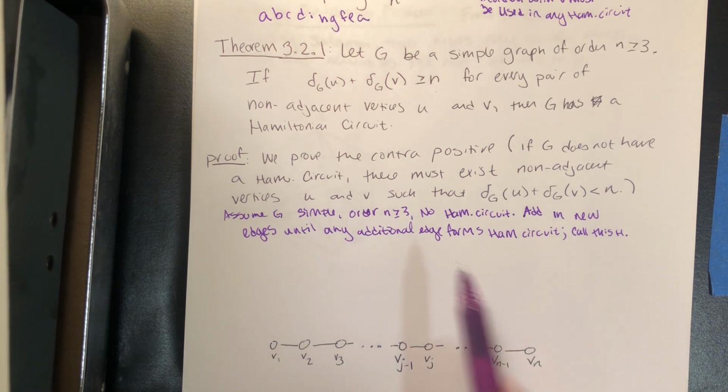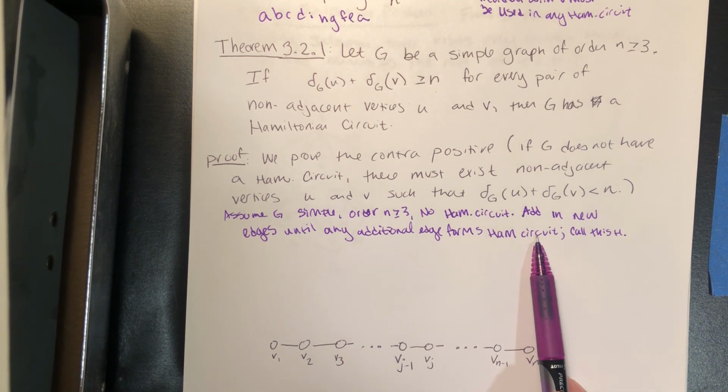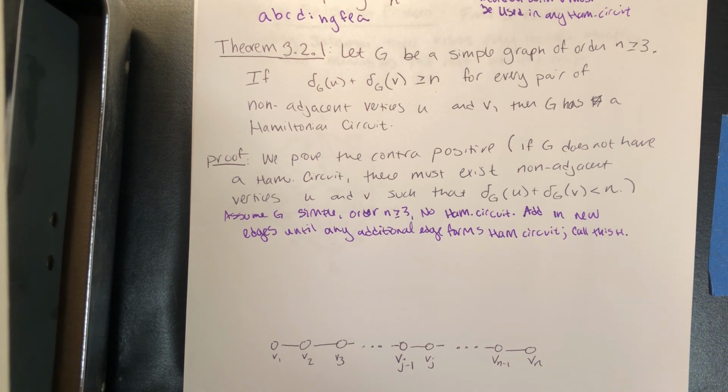All right, so any additional edge would form a Hamiltonian circuit, which means there must be some pair of vertices such that adding a new edge forms a Hamiltonian circuit.